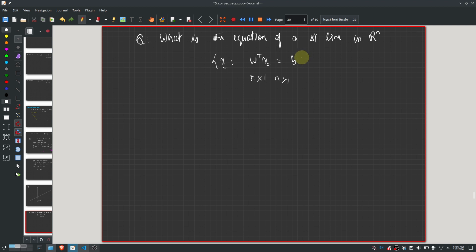So both the straight line and the hyperplane, what kind of sets are these, among the classes of sets that we've seen? They are affine, right? They're both affine sets, but they have different dimensions.